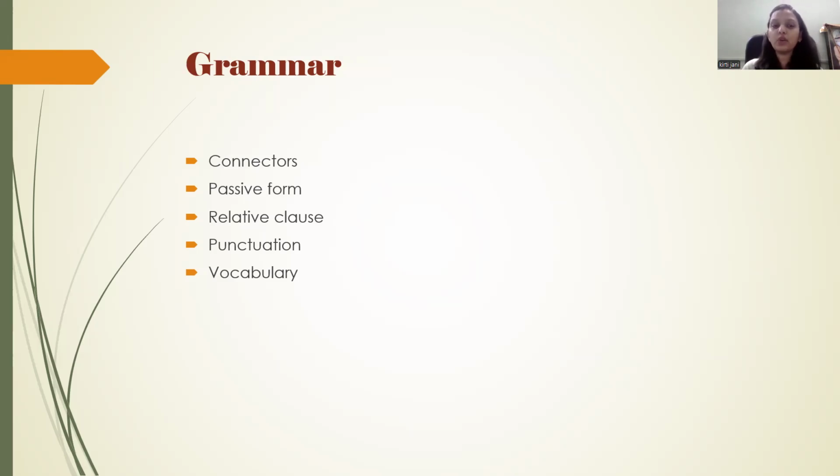So let's see what all things are going to be assessed. That is connectors. What kind of connectors you should use, you should avoid, or whether connectors are important after each and every statement, yes or no, you can learn from upcoming videos. Then the passive form. If you know the active form, then only you will be able to convert it into the passive form, right?